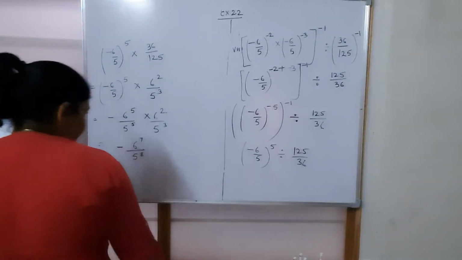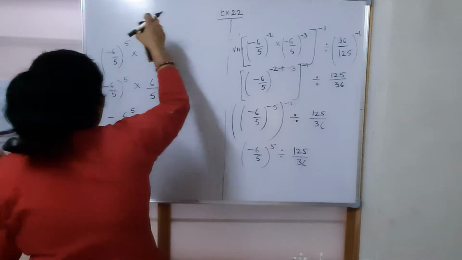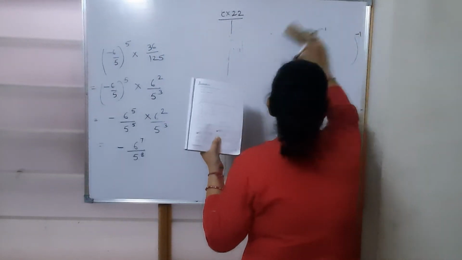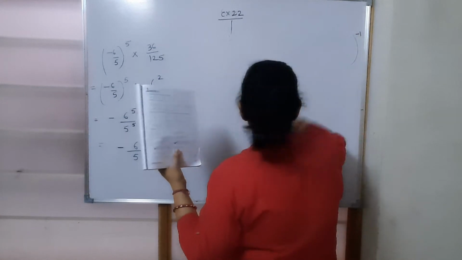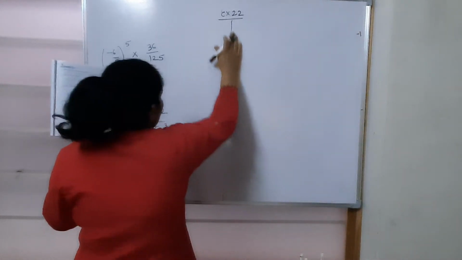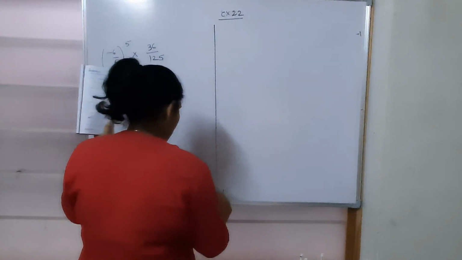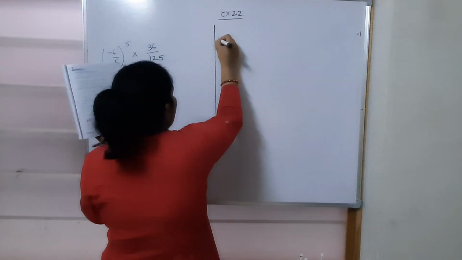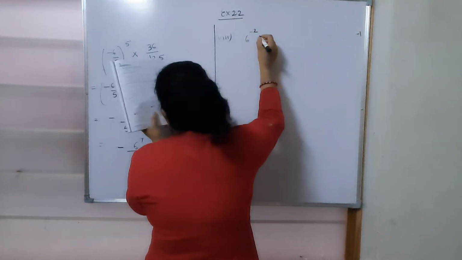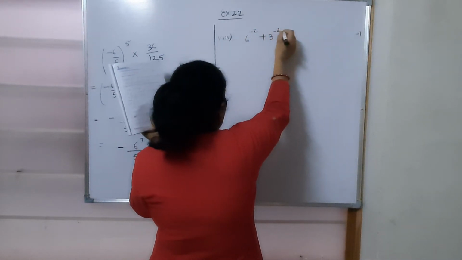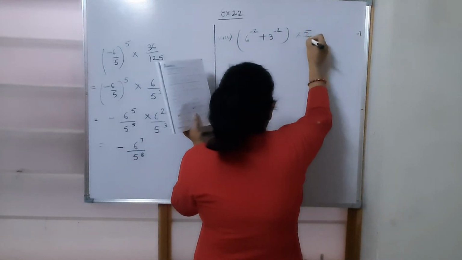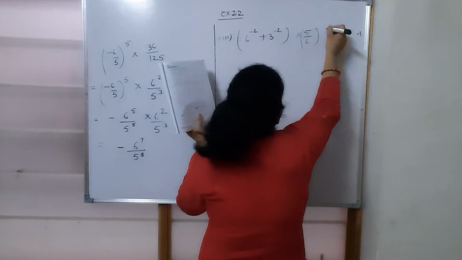8th part. Here in 8th part, 6 raised to the power minus 2 plus 3 raised to the power minus 2, and then we have 5 upon 6 raised to the power minus 2.